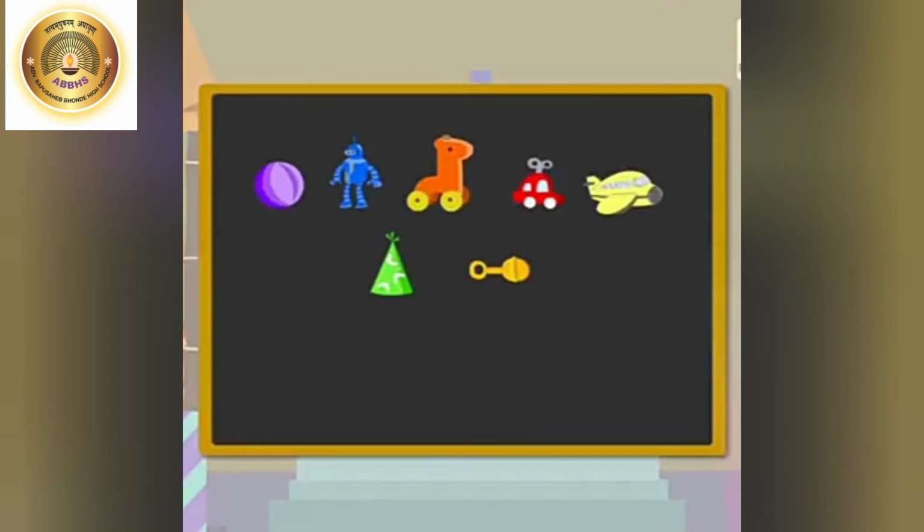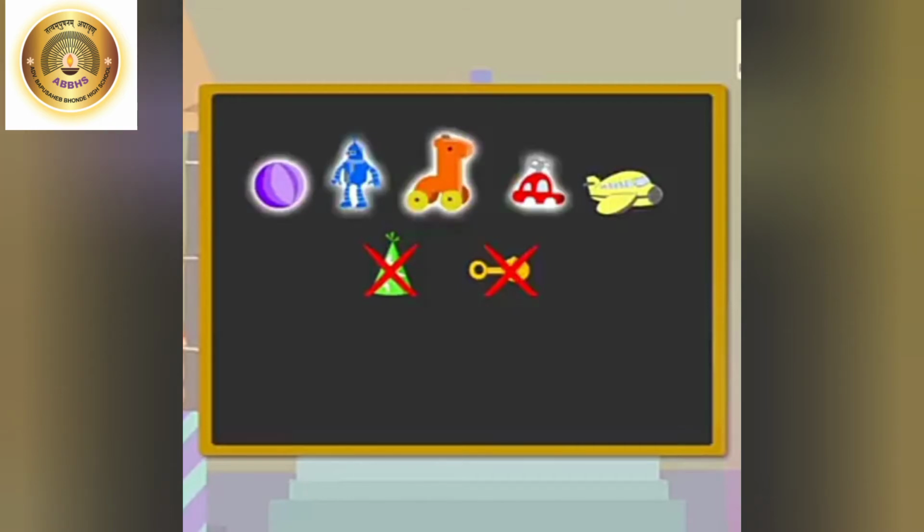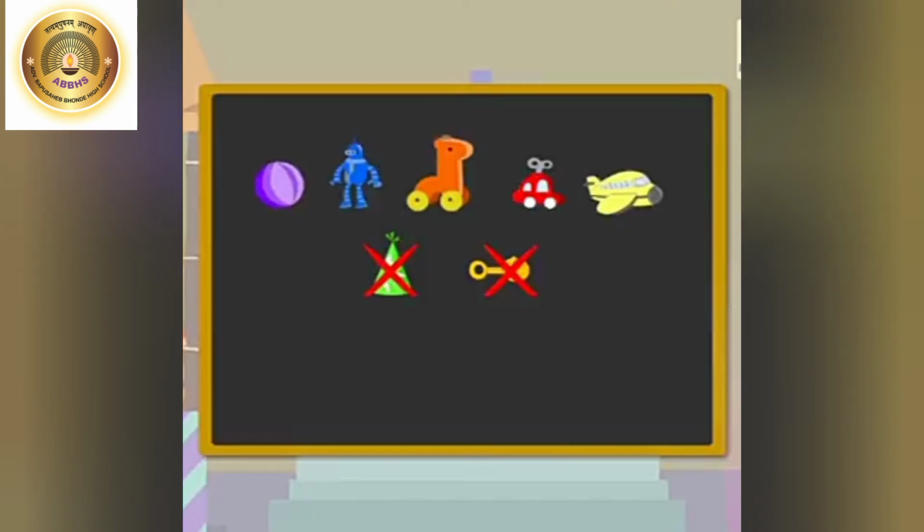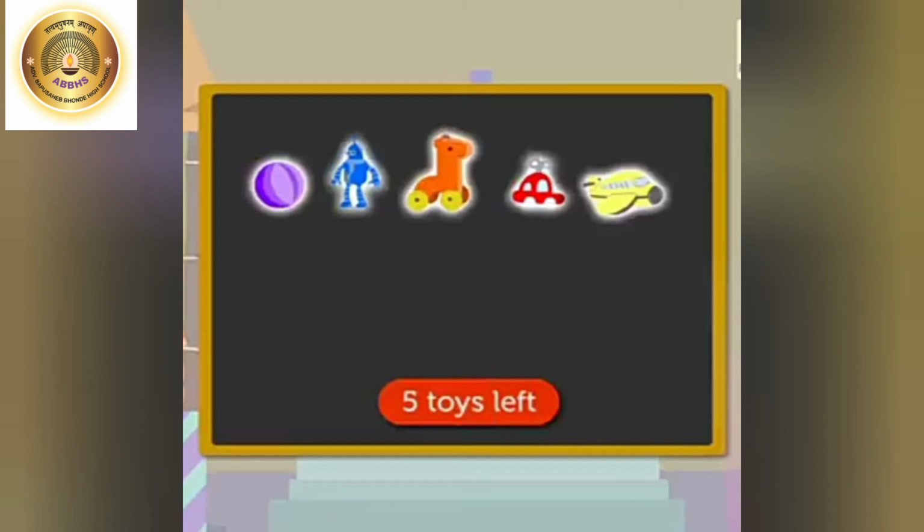There were 7 toys. Now cross out 1 and 2 which we picked. Let's count the toys left. 1, 2, 3, 4 and 5. So we say there are 5 toys left in the toy picker now.